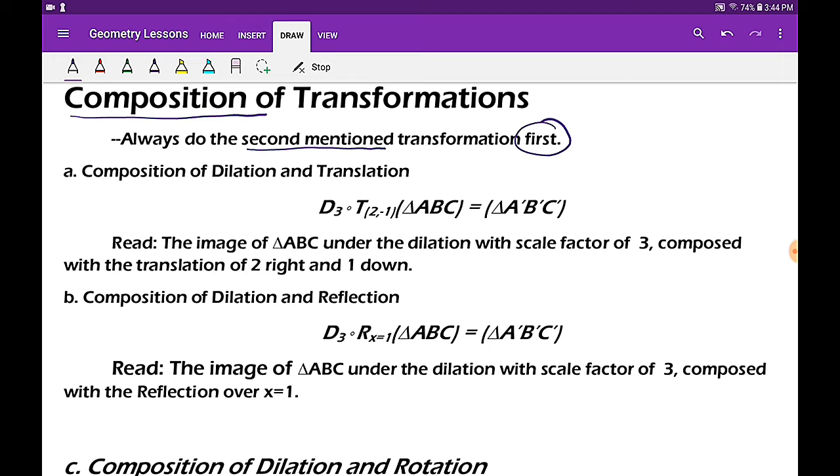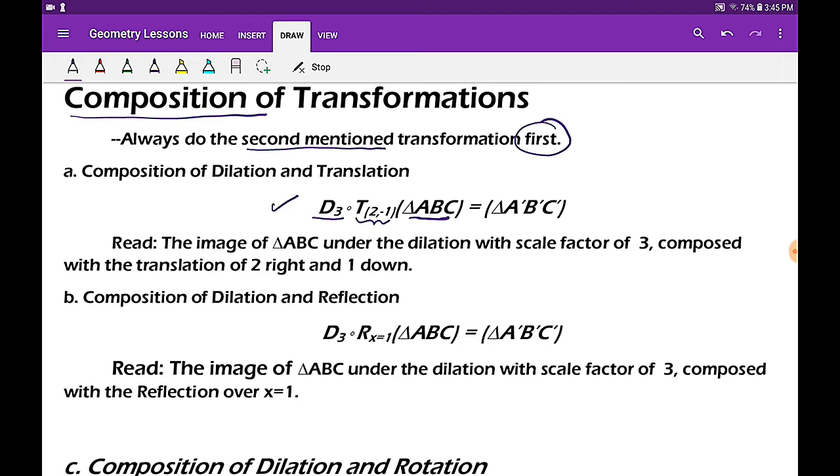Let's look at this one here. You can read this as: the image of triangle ABC under the dilation with a scale factor of 3, that is this part right here, composed with the translation of 2 right and 1 down, that is this part right here. So we have the dilation part and the translation part.